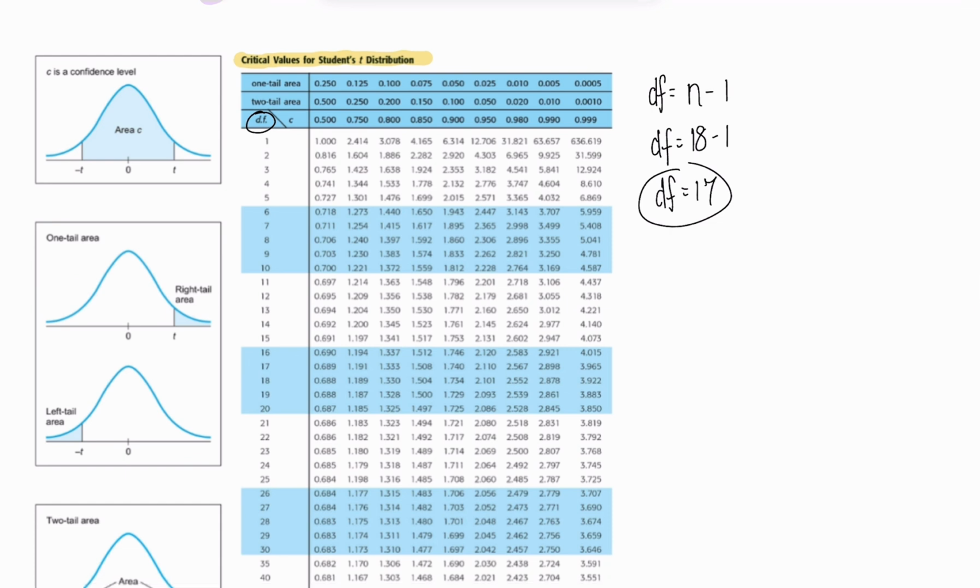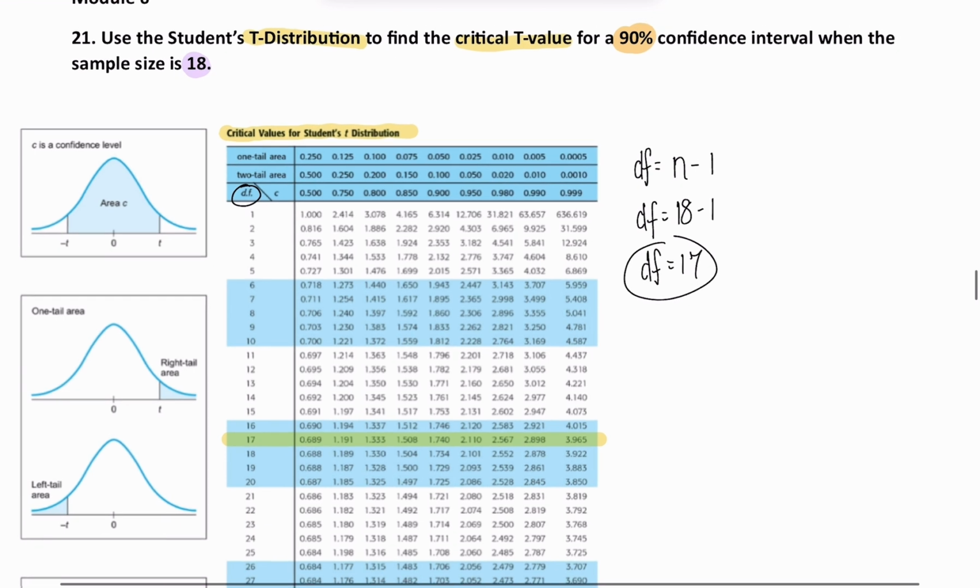We're going to go to the row with degrees of freedom of 17, and one of these values is going to be our answer. Now, which one? That's going to be based off of our 90% confidence interval. So if we go to C, which is denoted as our level of confidence, we can find the value that's at 0.9 or 90% and use that column to help find our t-value.